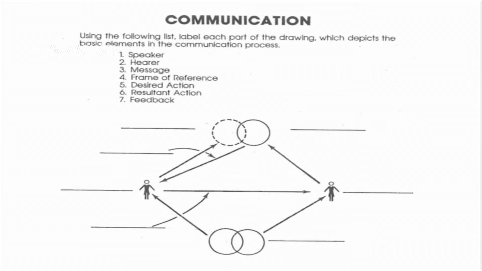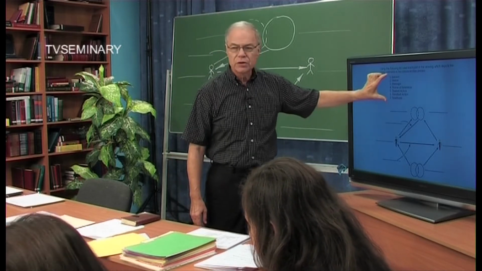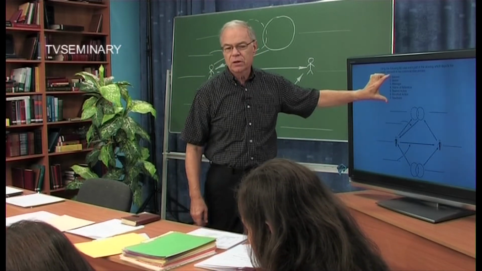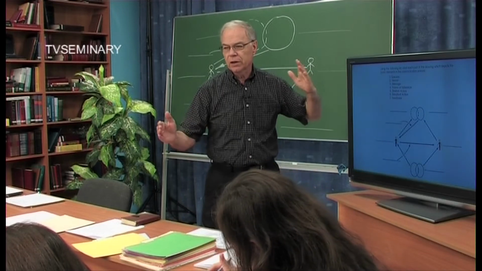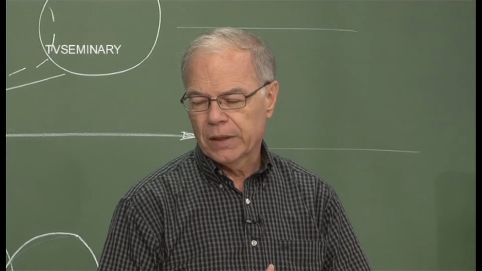Good. Now what I want you to do is write in each space the word that you think fits in that space. So each space will have one word, and you'll use each of these 7 items only one time. So no duplication or no leaving one blank.